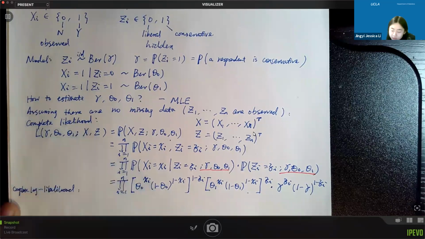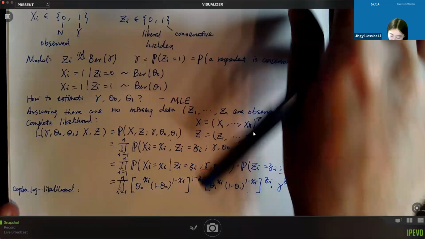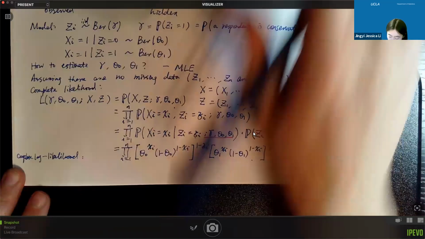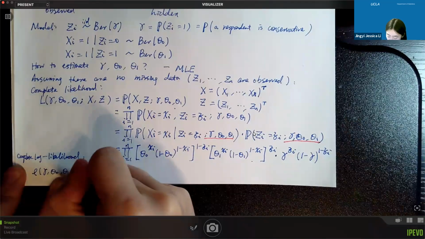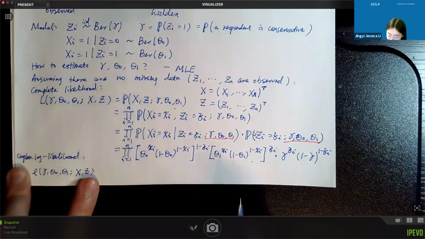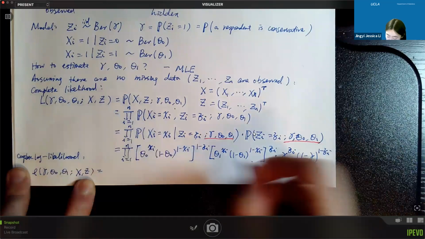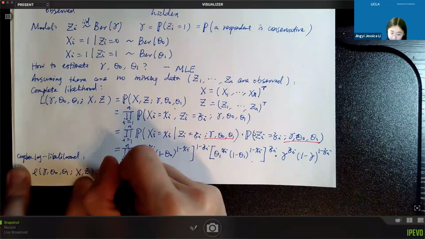For the complete log likelihood, I can write this down directly. It is a function of gamma, theta 0, theta 1, given the complete data x and z, and I'll change the product to a summation from 1 to n.